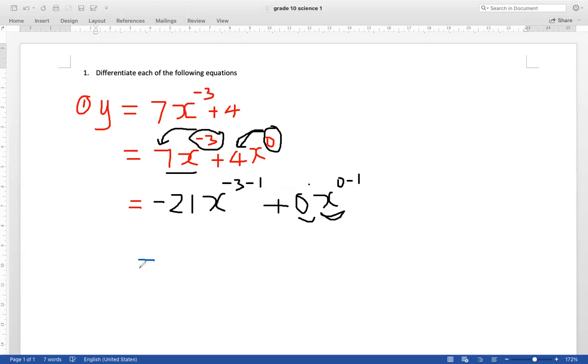And therefore, our final answer will be -21x, and the power here, because the power have the same sign, so we are going to keep that sign and we add their numerical values, and this is how the answer came to be.